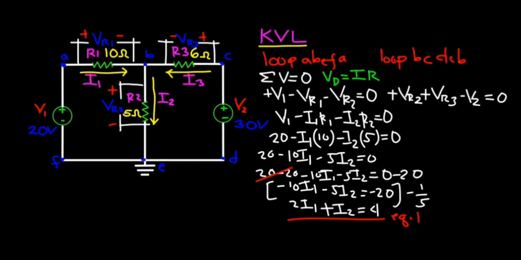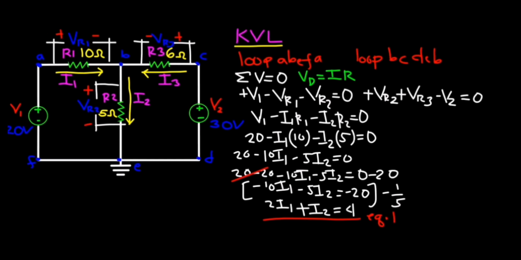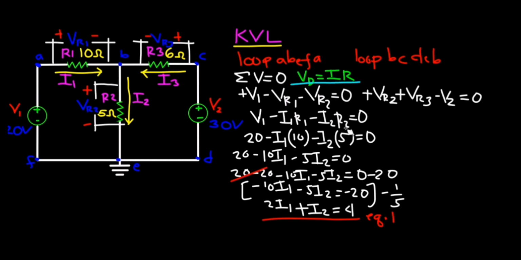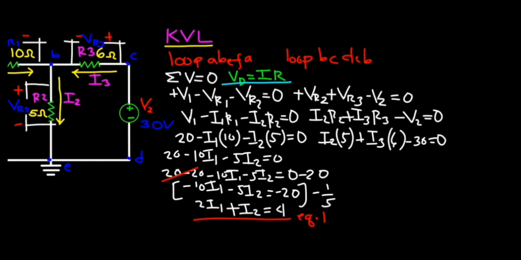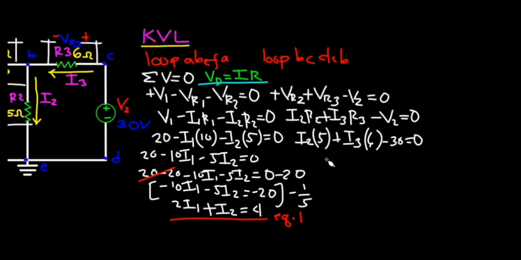Again, voltage drop is equal to I times R, so positive I2 R2 plus I3 R3 minus V2 equal to 0. Using values, I2 times 5 plus I3 times 6 minus 30 equals 0. 5 I2 plus 6 I3 minus 30 equals to 0.